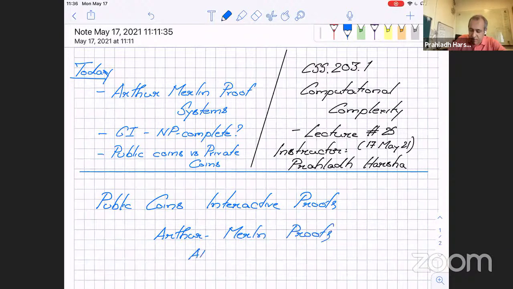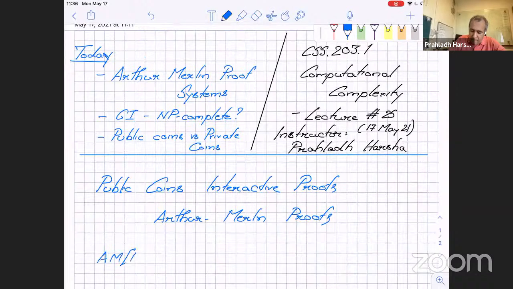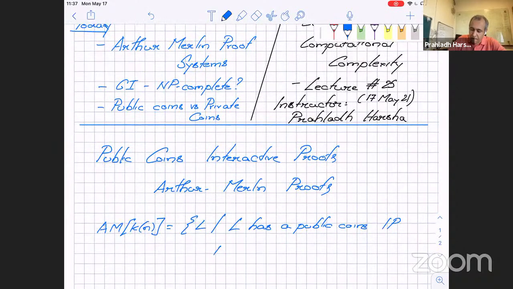In particular, AM[k(n)] is exactly defined to be the set of all languages L that have a public coins IP protocol with at most k(n) rounds.